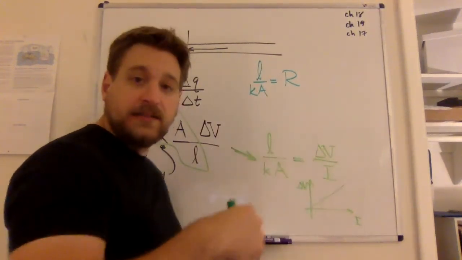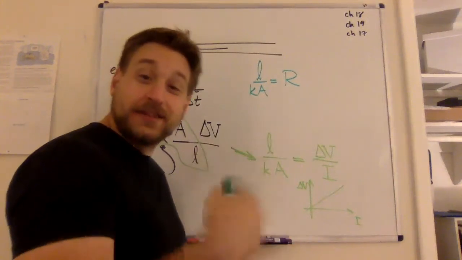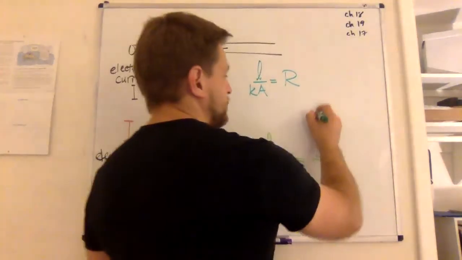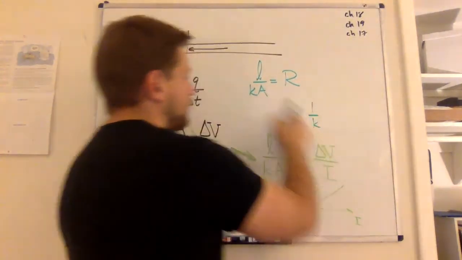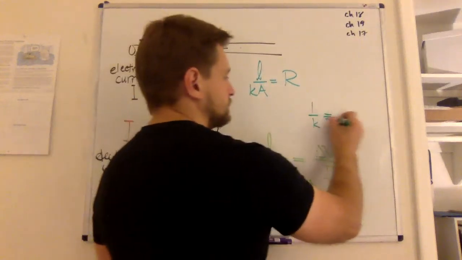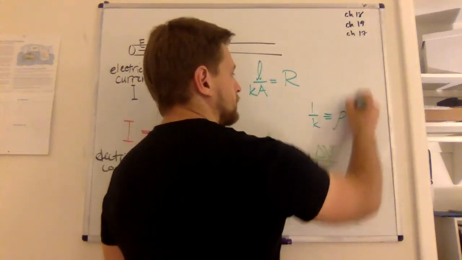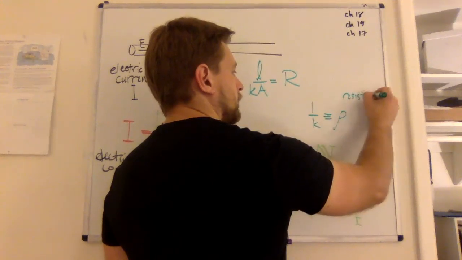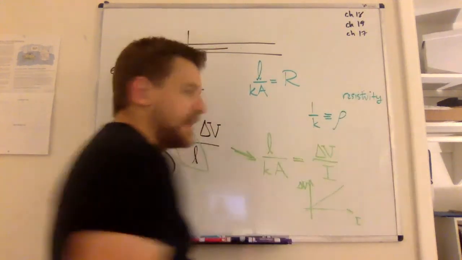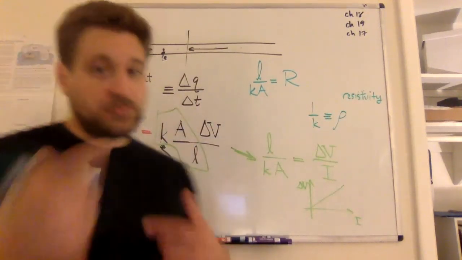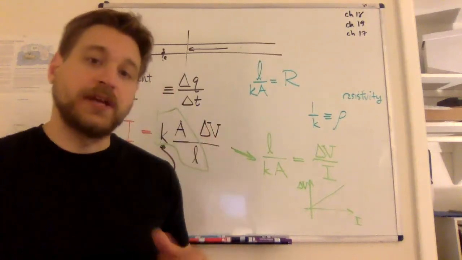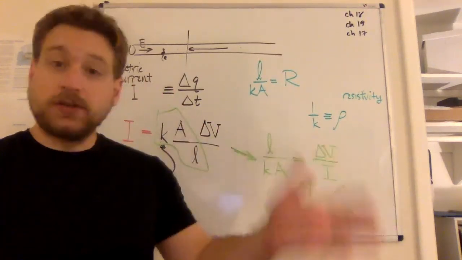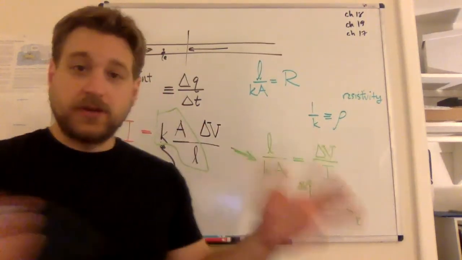It's the anti-conductivity. It's the reciprocal. So they define 1 over what I'm calling K as resistivity. And it's a property of the material, right? Anytime you've got copper, we can look up its resistivity somewhere in a table.